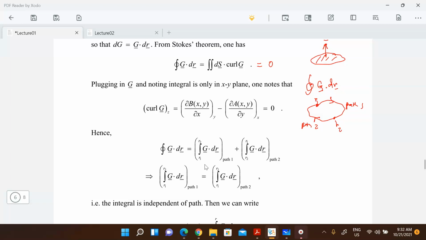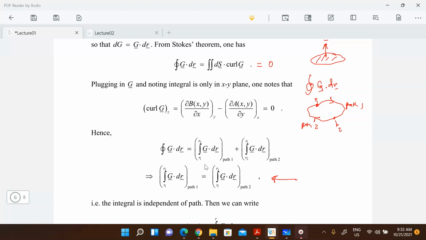Implementing this means you get an exact differential. And what does that tell us? If I bring this onto the other side of the equation, I will get a minus sign, and with the minus sign I can flip these two limits. Then I will get this condition, which says that if you take the integral of g dot dr, which is your dg previously, between 2 points, then it is independent of the path.